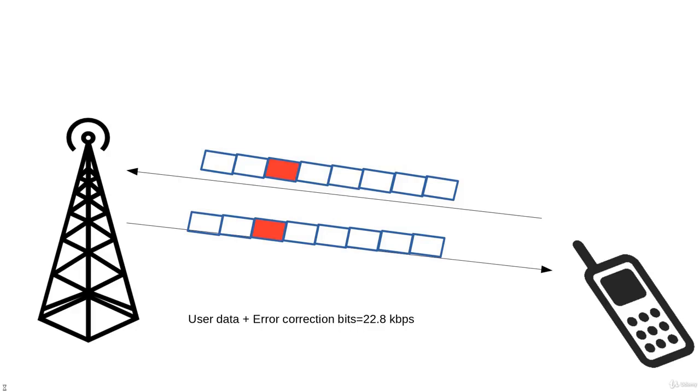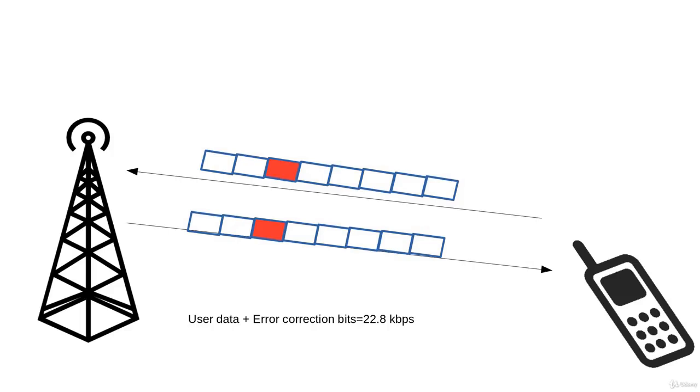Now what is the data that is going in that one time slot? The data that is going in one direction in one time slot, the effective data, is 22.8 kilobits per second. And this 22.8 kilobits per second contains the user data or the information that a user is sending or receiving, plus the bits that are used for error correction, and both of them make the effective data rate of 22.8 kilobits per second in the uplink as well as 22.8 kilobits per second in the downlink.